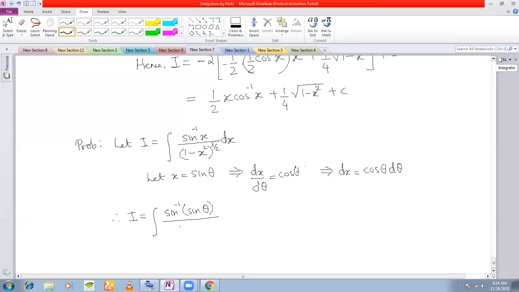This becomes 1 minus sin square theta to the power of 3 by 2. And dx is cos theta d theta.